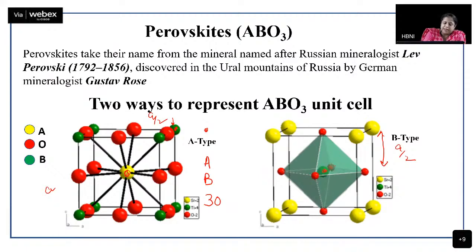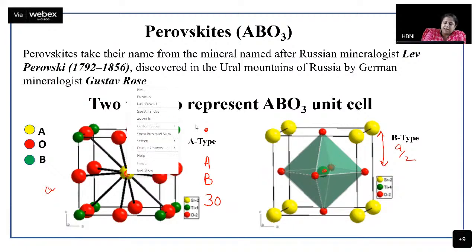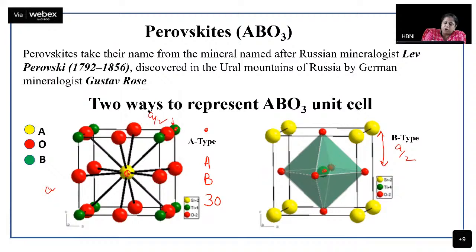See, there is one at the body center, and around each corner of this green ball, you will have 8 such cubes. So there will be 8 yellow balls. Now if I draw a line from this green ball to this front green ball, this is root 3a. So this distance is root 3a by 2.